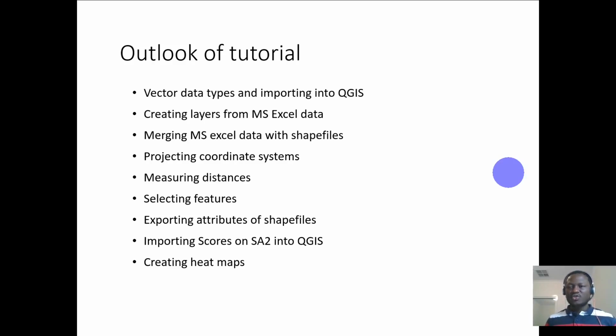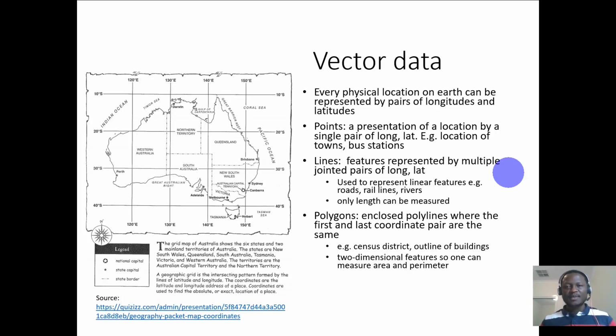So before moving on to QGIS, what is vector data? This is essential for our tutorial today because the data we'll be using primarily would be vector data and some Excel data as well. So every location, physical location on Earth can be represented by pairs of longitudes and latitudes. And so if you look here on the left, I have the map of Australia.